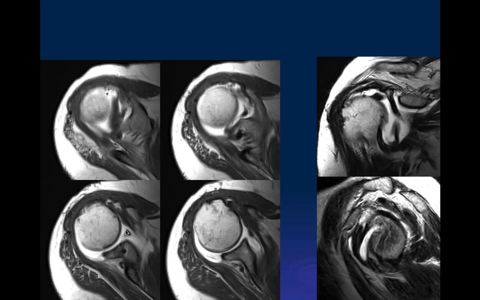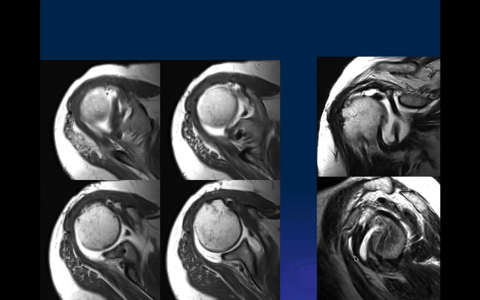If we come down here, all of a sudden now we have what looks like maybe a displaced labrum, but if you follow it, it goes down and actually fuses to the deep surface of the subscapularis tendon. If you go to the oblique coronal images, we can see this is really a cord-like middle glenohumeral ligament coming down here. And here on the sagittal images, you can see that this is the middle glenohumeral ligament coming down and fusing to the subscapularis tendon.